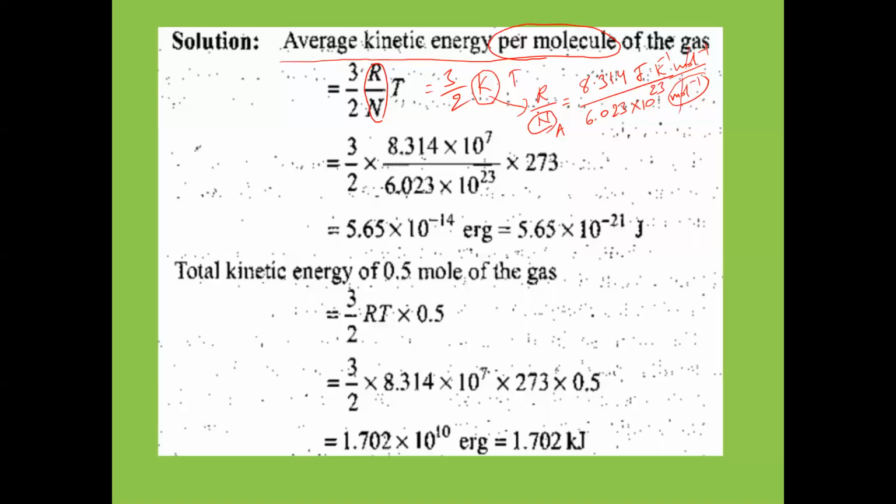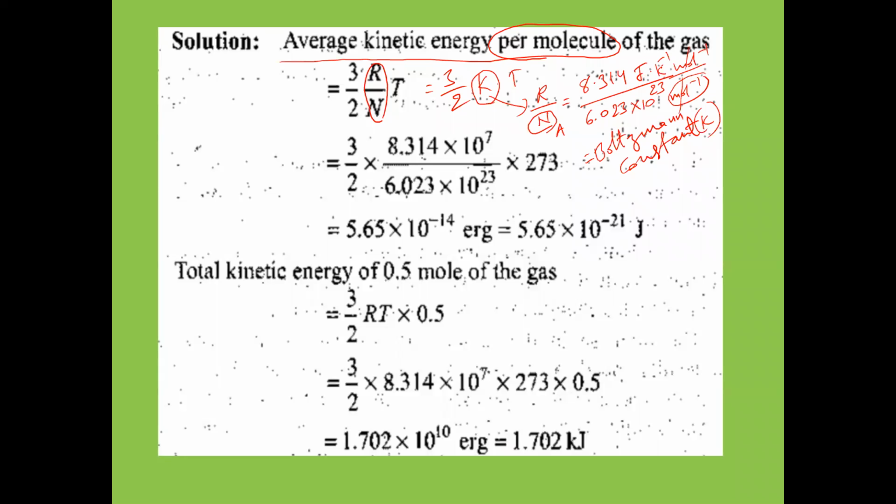K is called the ratio of universal gas constant to Avogadro number. This is called the Boltzmann constant. Boltzmann constant k is equal to R by N. Now take 8.3 by 6 roughly, it will be approximately 1.38 into 10 power minus 23.